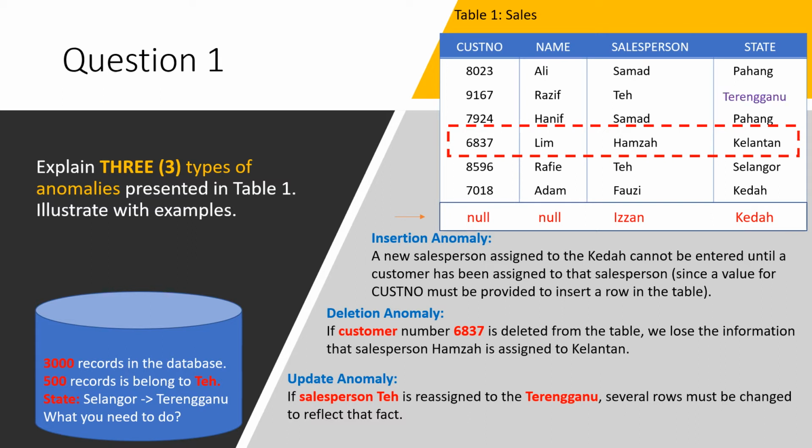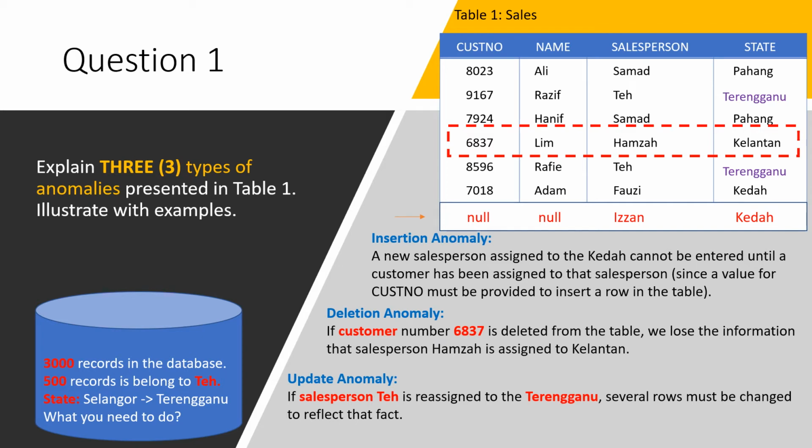What you need to do? Yes, you need to find the record for T. You need to check line by line the record for T and update the information for the state from Selangor to Terengganu for 500 records. Can you imagine?